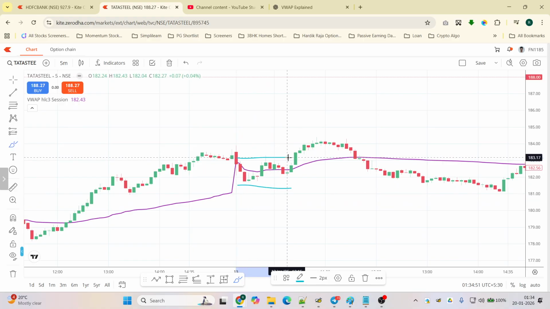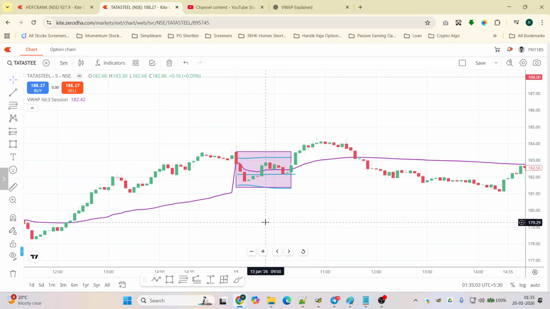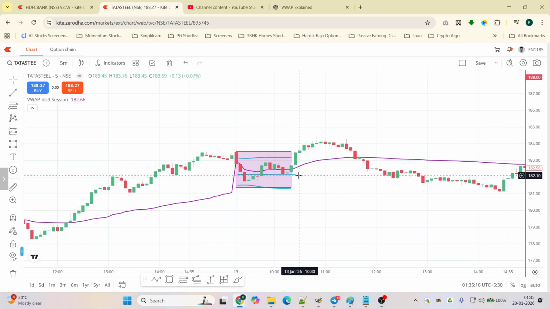If you can see here, the VWAP line is almost like a straight line. In this case, the stock is also in a sideways direction. There are certain strategies that you can use to trade even when the market is sideways, but for now, I am just telling you that whenever the market is sideways, you can avoid entering any stock.